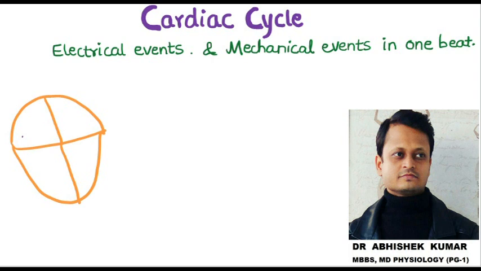Suppose that this is our four-chambered heart and this is the SA node, the sinoatrial node. This is also known as the pacemaker of the heart because the impulse is generated at maximum rate at the SA node.